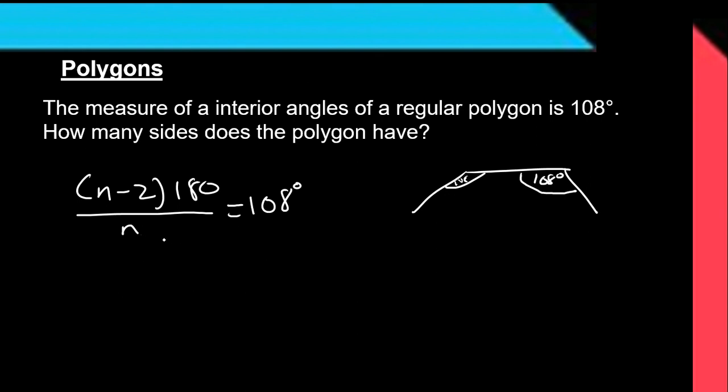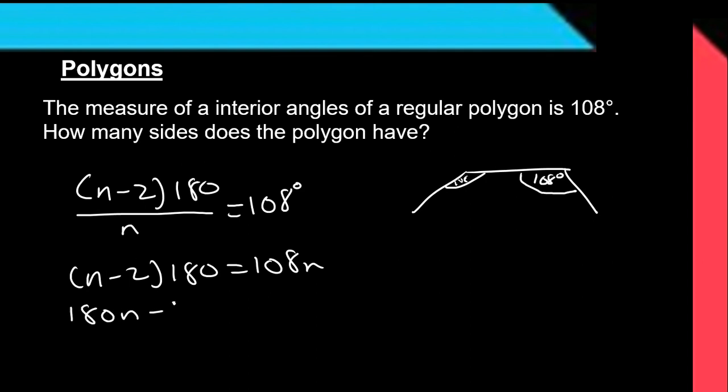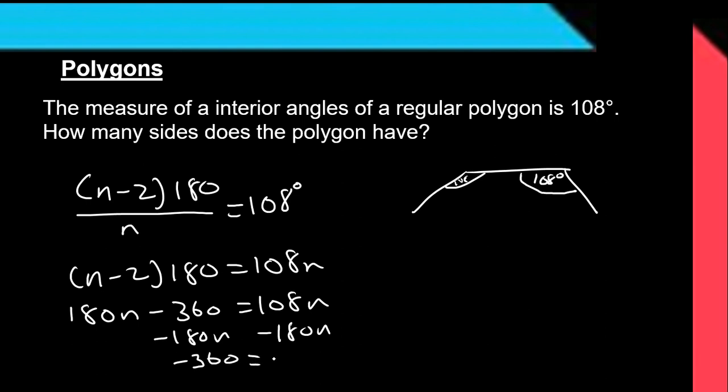So if I times both sides by n, we have n minus 2 times 180 equals 108n. If I expand this bracket, we have 180n minus 360 equals 108n. I'm going to subtract 180n from both sides, and I will get negative 360 equals negative 72n.